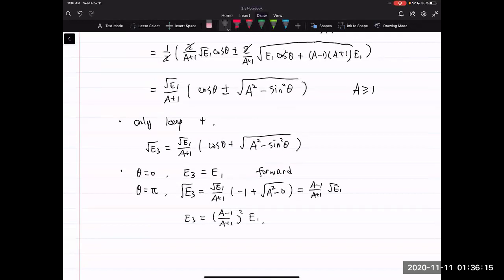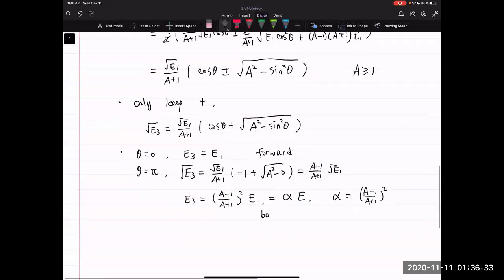This factor, A minus 1 over A plus 1 squared, is used so often. Let's give it a name. Let's call it alpha. So alpha is equal to A minus 1 over A plus 1, squared. This is the backward direction.